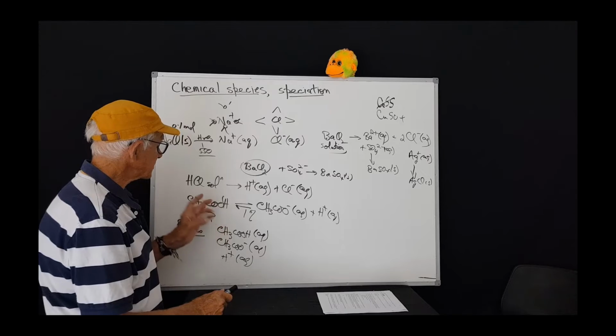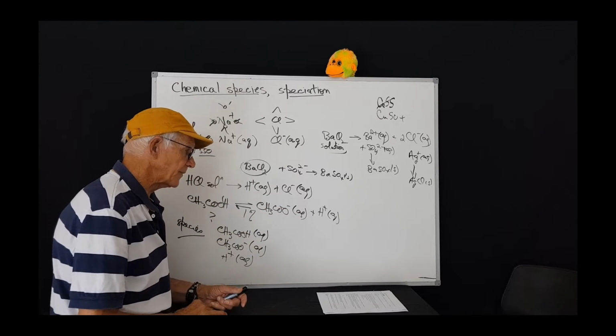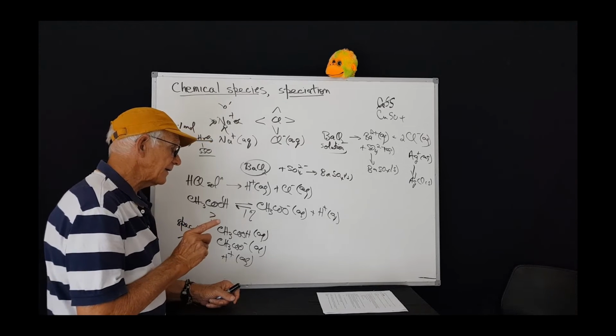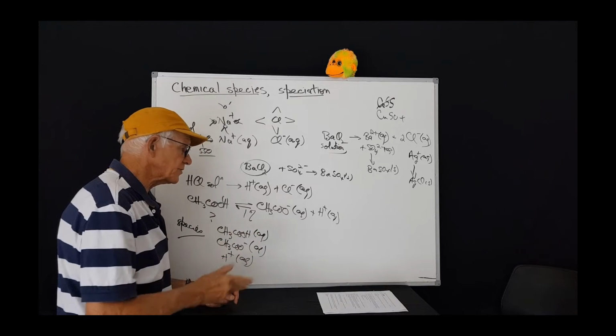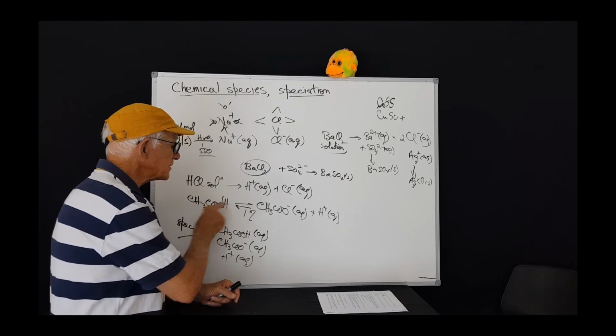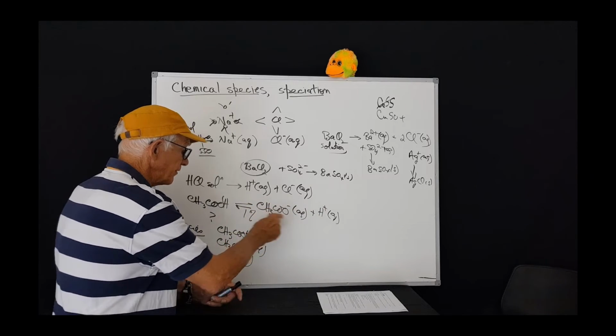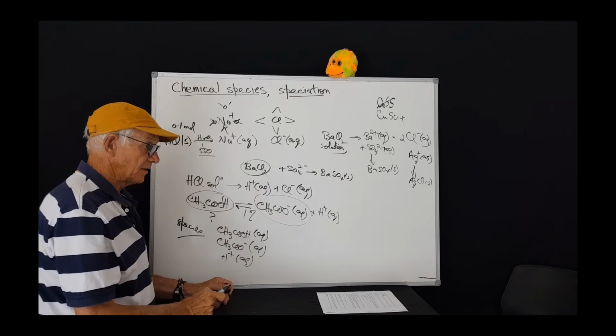Now that's when we just put some acetic acid into water. Now, if we add some sodium hydroxide solution, so we're changing the concentration of hydroxide ions from an external source, we can change the relative amounts of this species compared to that species.